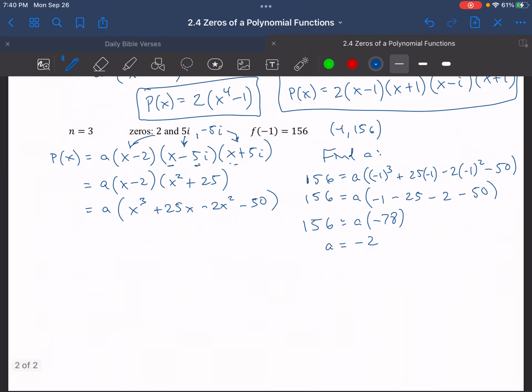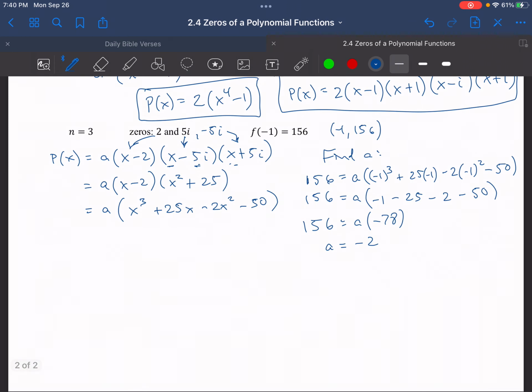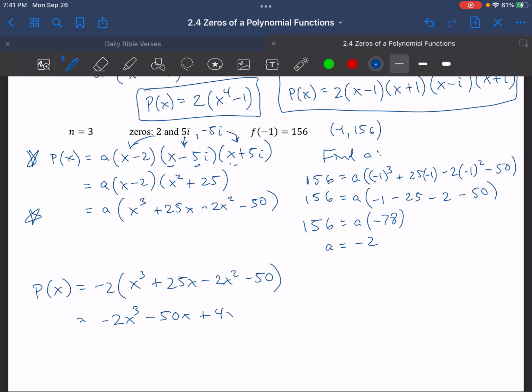Okay, and now we can simply plug that back into our expanded form and our factored form and get our two answers. So for the expanded form, we get p of x equals -2 times x cubed plus 25x minus 2x squared minus 50. And you could even multiply that -2 through if you wanted to, like you could do -2x cubed minus 50x plus 4x squared plus 100, like that.